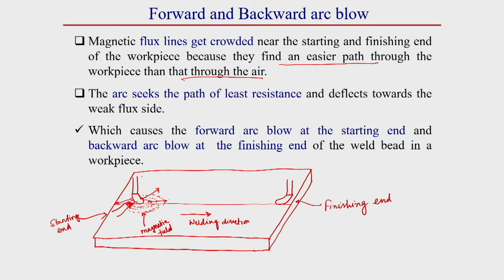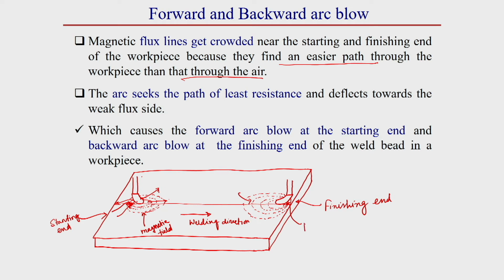Whereas at the finishing end, a similar thing occurs, that means the flux line density here also occurs like this. That means the concentration of flux, there is one thing we can observe. On this side also, the flux line density is more compared to this side.